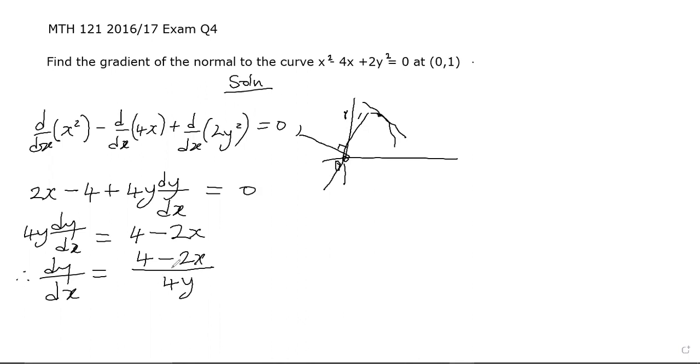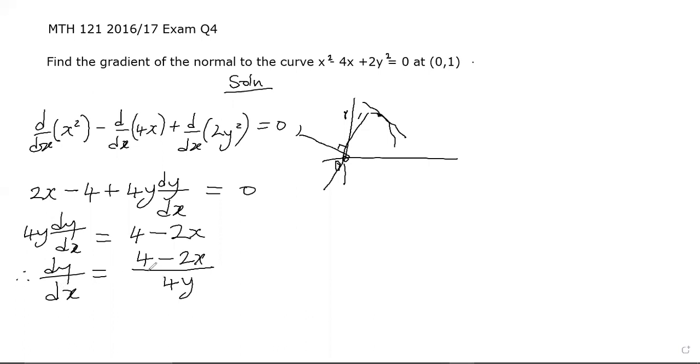If you factor out, there's a common factor in each of these terms. You can factor out 2 from here, or you can still leave it like that and make use of it. Let me just leave it like that. So now we'll find our dy/dx.